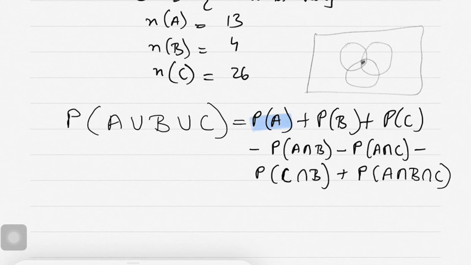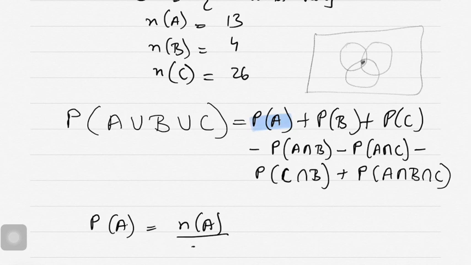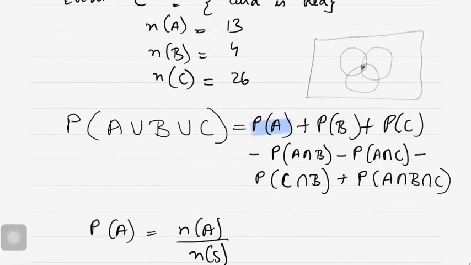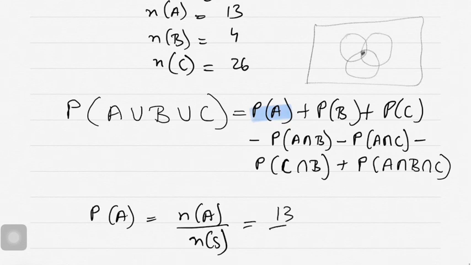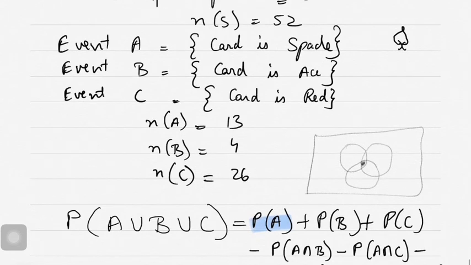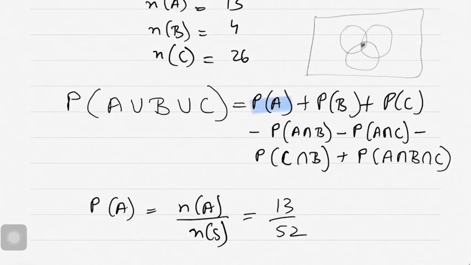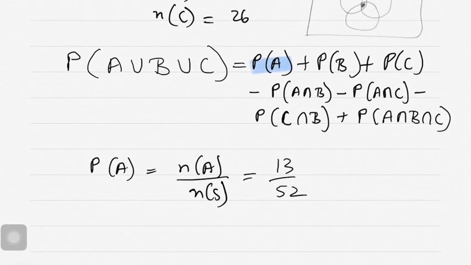So P of A will be N of A divided by sample space N of S. So P of A is 13 by 52. I will not simplify it now, I want the denominator to be the same.